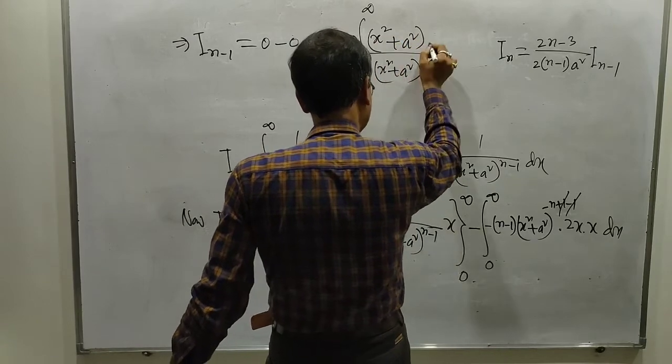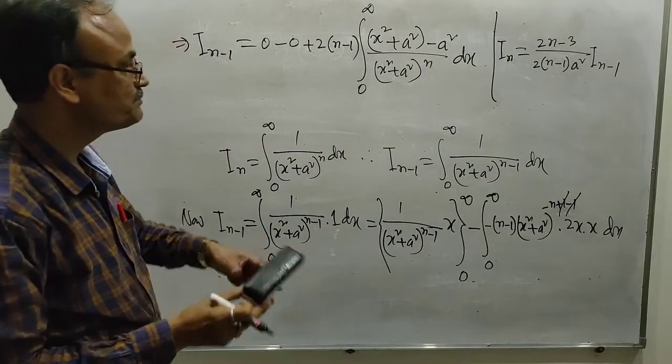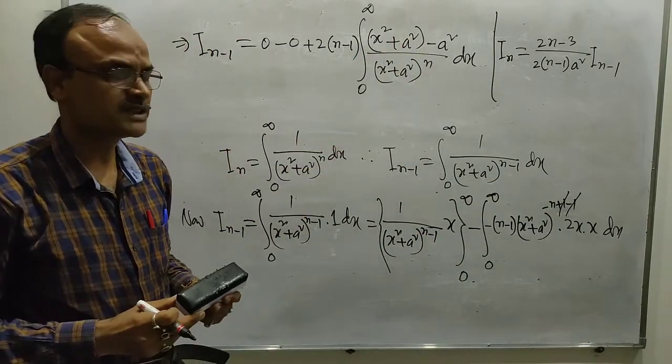I am writing like this. Can I write this thing? For x square, I write x square plus a square minus a square. I have written this.